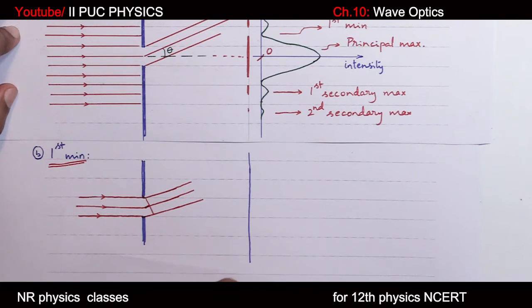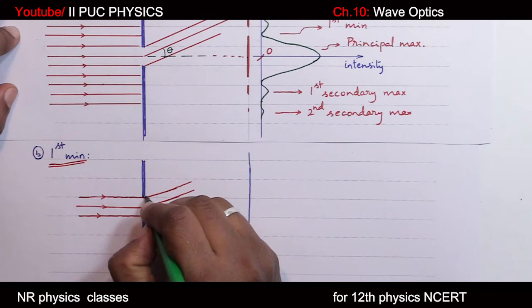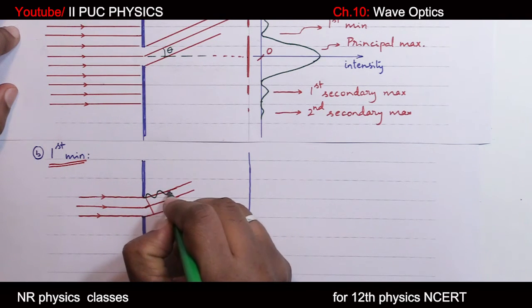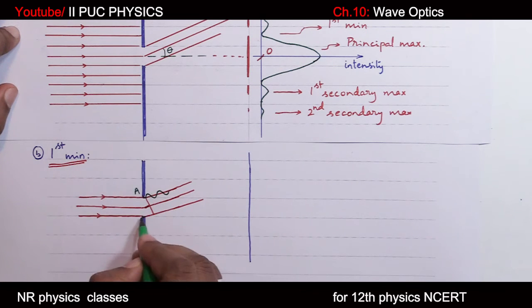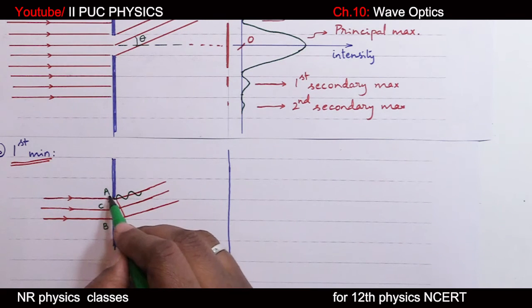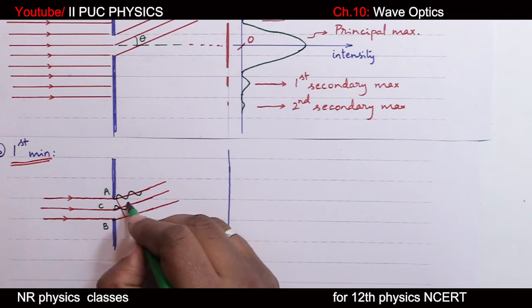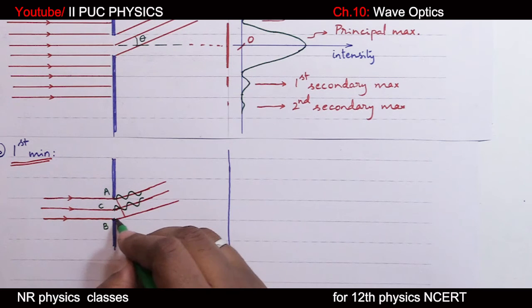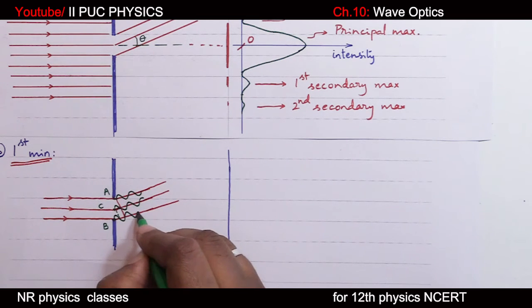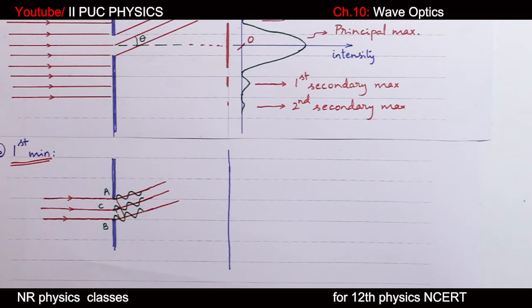Now, let me draw the pattern. This is wave from A. This point is B. The center is C. Let me draw a wave from A, a wave from C, a wave from B. So you should draw carefully to understand.